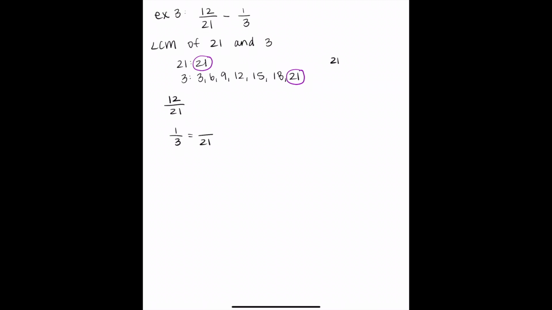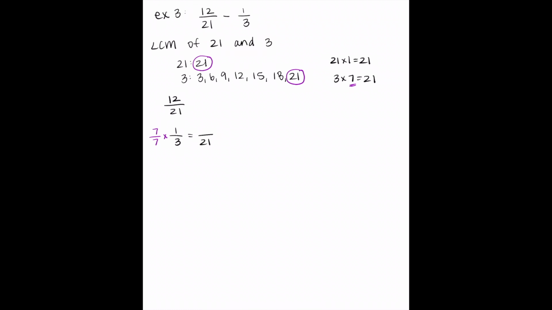So again, we don't need to touch the 21 because its first multiple already is 21, and that's our least common multiple, our common denominator. But for the 3, we'll multiply the 3 by 7 to get it to be 21. So the 12 over 21 stays the same, and we'll multiply the 3 times 7, top and bottom.